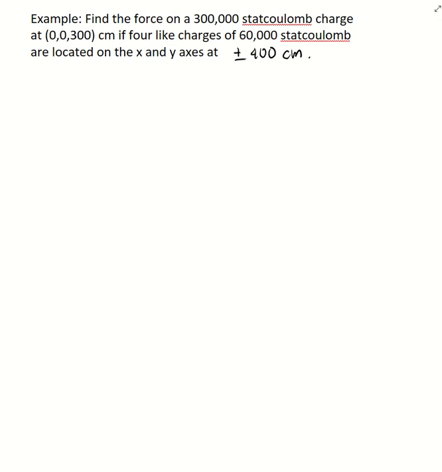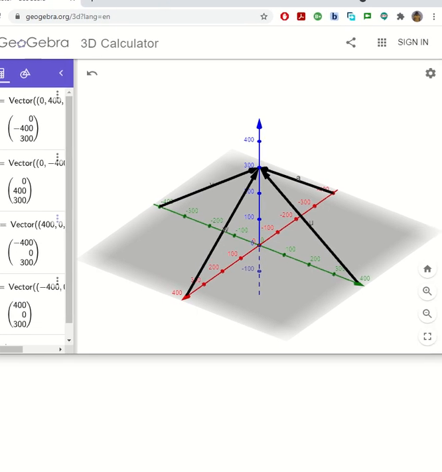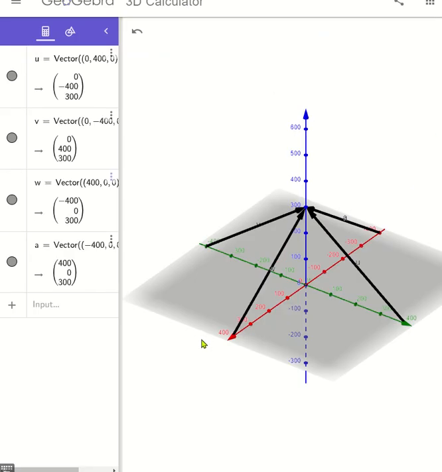So if you try to draw this one, let's use algebra to plot this one. So this is the plot. So these are the four vectors. And we want to solve the effect or the force at this point.